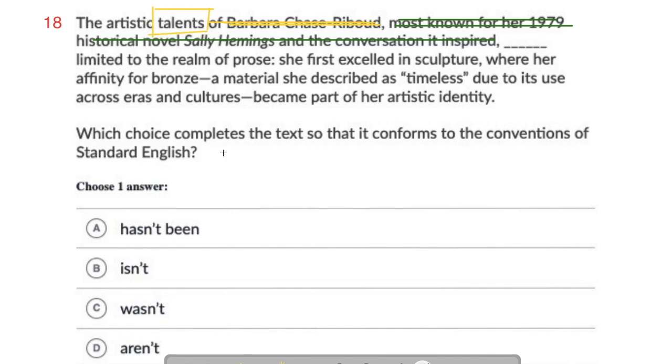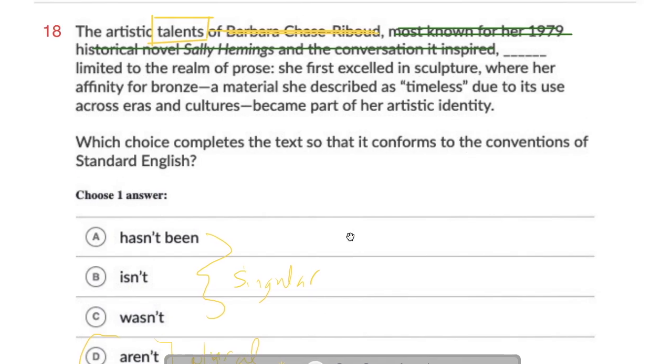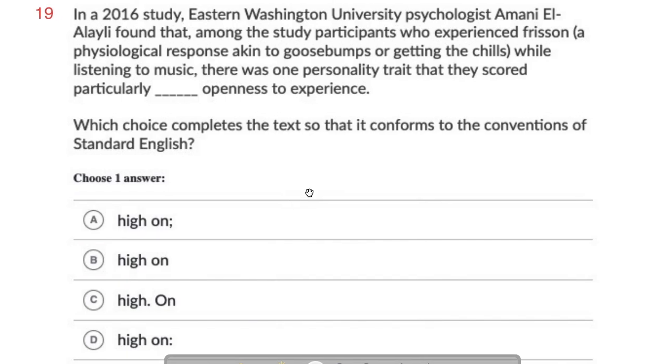The talents aren't limited. Another thing that's similar to the previous subject-verb agreement questions is that our correct answer goes one way, it's plural. The incorrect answers go the other way, they're singular. So the talents aren't limited. And then I think this is the last one.